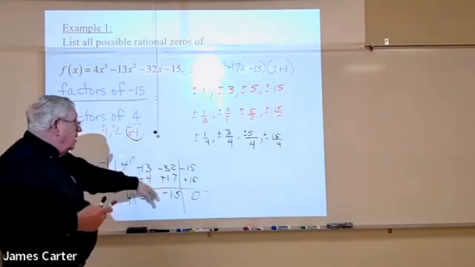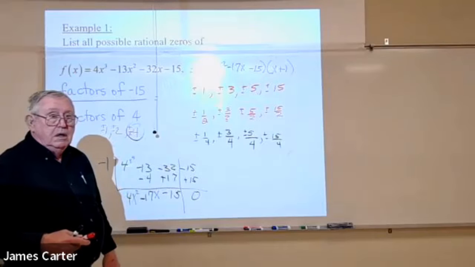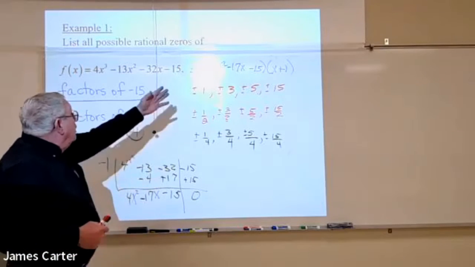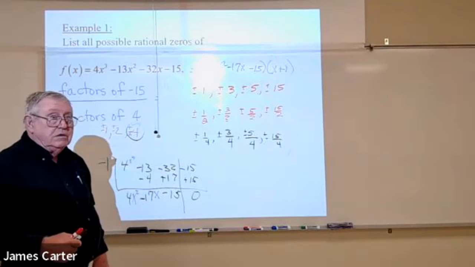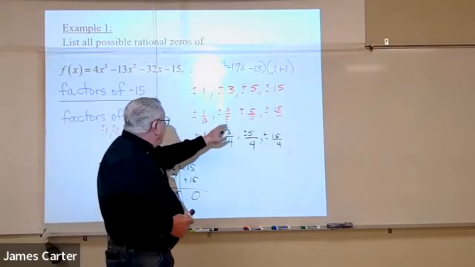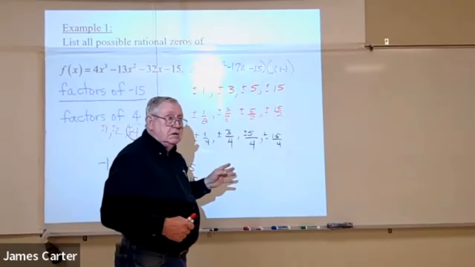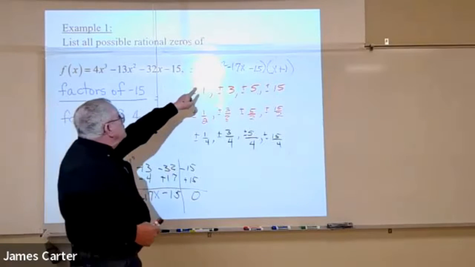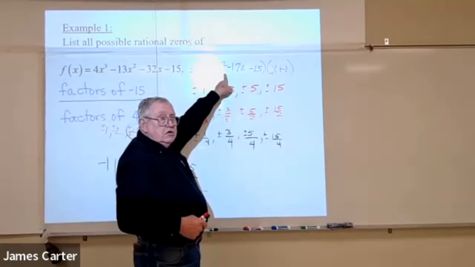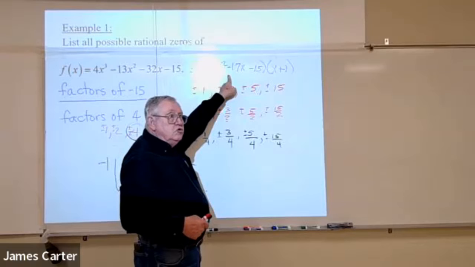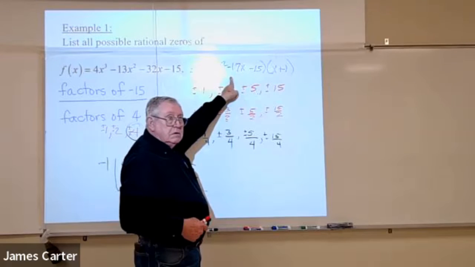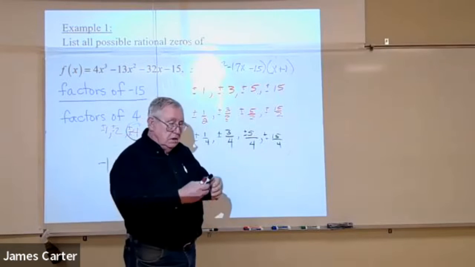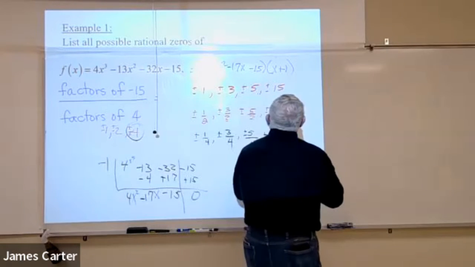In the process, I've done this much work on a guess. Or I might try a 3 and a 5. Or I might try one of these fractions to do this process. But once you've got this down to a square, you can use the quadratic formula and you know you got it right, without all the guessing and working it multiple times. So we're going to do that.